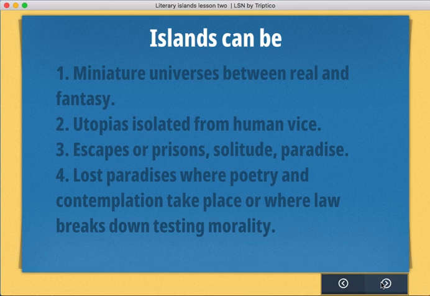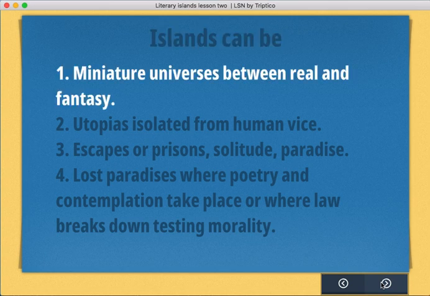So if we consider statement 1, the idea that islands are miniature universes between real and fantasy, there is certainly the suggestion of this in the island that John of Gaunt speaks of. He could be seen to be suggesting that it is a miniature universe in itself. It feels very self-contained and has been presented as being strong like a fortress in the past, a place of safety and security.